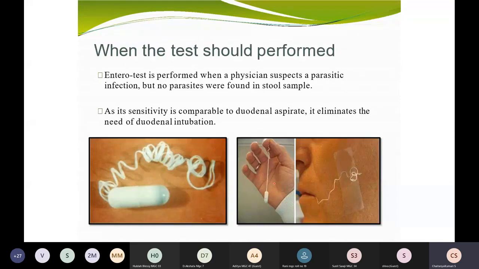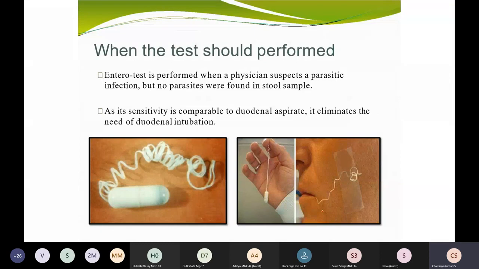So you can see it here in the diagram. This is the string which has the gelatin capsule. This has to be swallowed by the patient. Once the capsule has been swallowed, the other end of the string will be stuck to the face like this, and slowly the capsule will dissolve in the gastrointestinal tract, and the string will enter into the duodenum region.